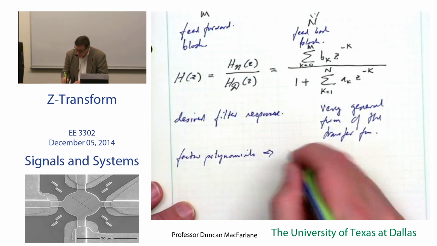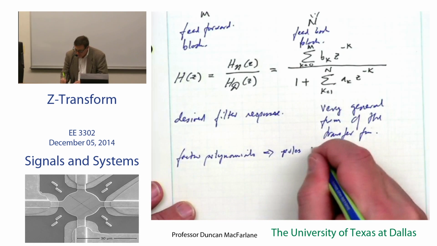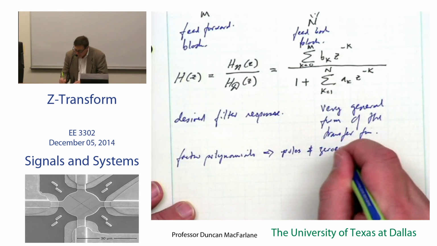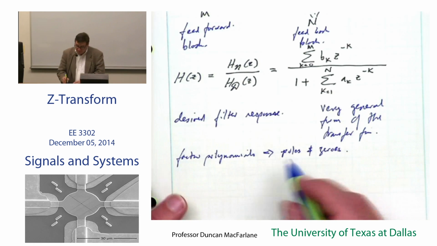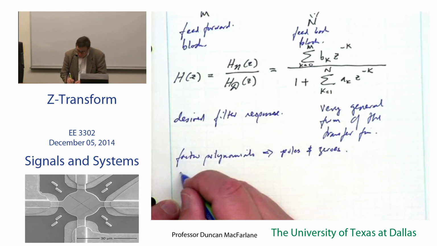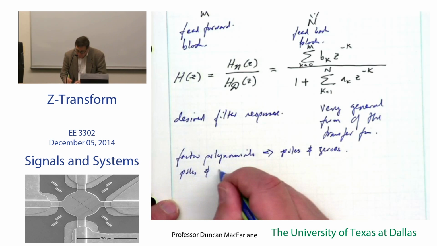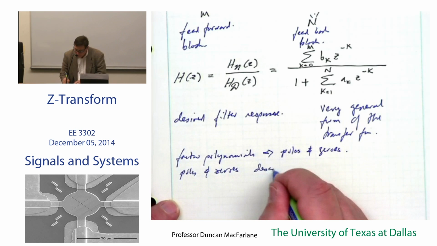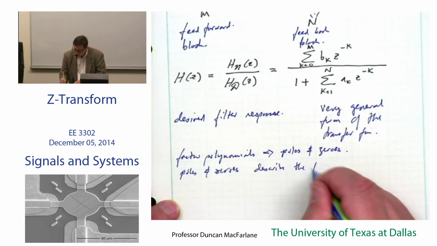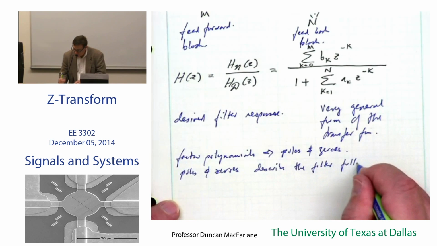And that gives you your poles and your zeros, as we did before. And the poles and the zeros describe the filter fully.